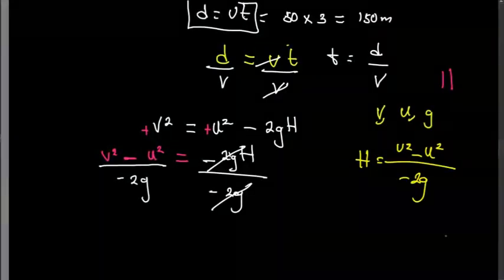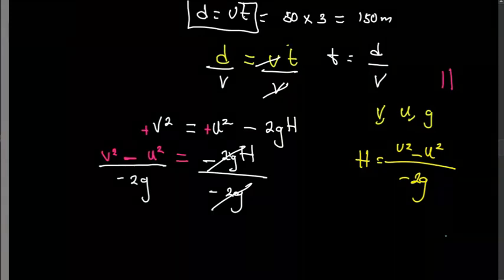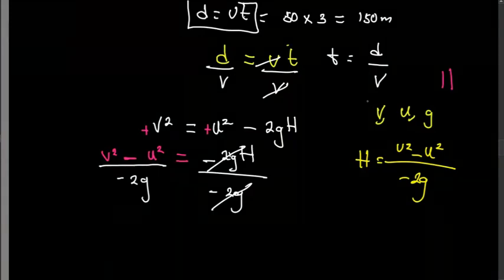Does that make sense? So now with this formula, if you are given V, U, and G, you can easily put those values and just divide, and you get your value for H. Do you understand?